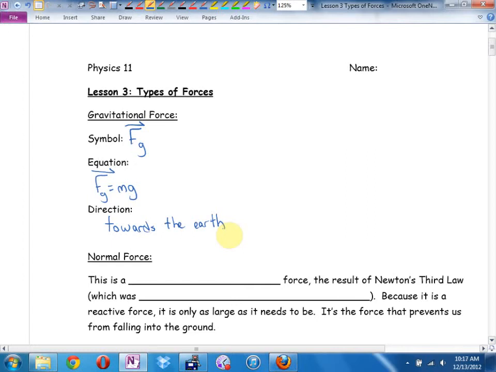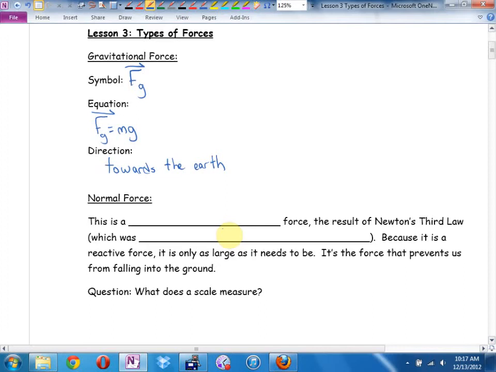Here is your new force. This is something called the normal force. So gravity we looked at. The normal force is a third law reactive force. It's an action-reaction force. I just hate that action-reaction phrase because I always found it so confusing.